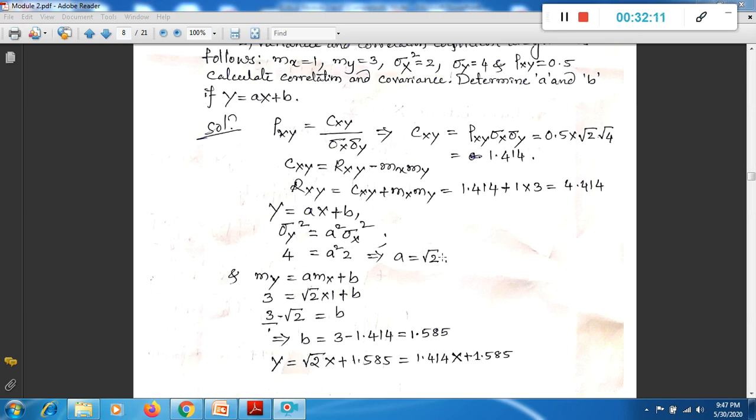Once we know the value of a, by using the relation my is equal to a into mx plus b, and substituting the value of a and the my and mx values, we can find the value of b, and b works out to be this one. So we can write y is equal to root 2 times x, plus b, which is 1 point something 585.